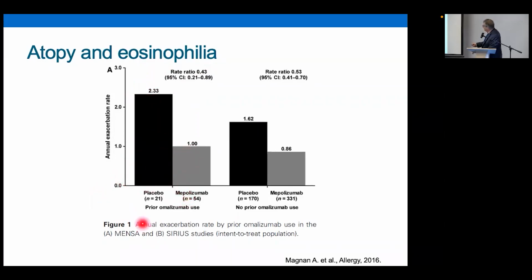For those who did not have omalizumab before, using mepolizumab also decreased significantly, almost by half, again the same rate of severe exacerbation. So you begin with omalizumab, it doesn't work. You can go to an anti-IL-5. You have a 50% chance to decrease the severe exacerbation.